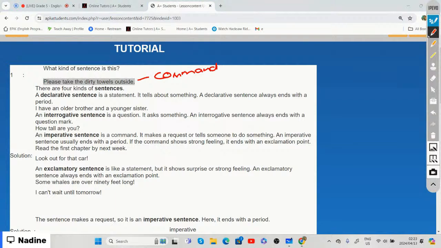That is an imperative sentence where somebody is telling you to do something. It's like a command, or a request that is being made. And that is called an imperative sentence, right? Yes, you are commanding somebody to do something. So please take the dirty towels outside. You're commanding someone to do something, which means that that is an imperative sentence.